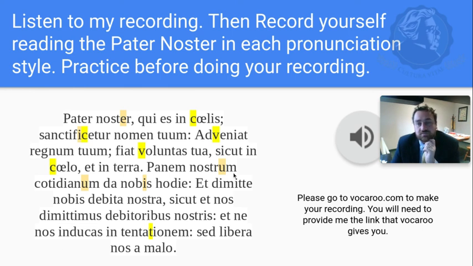So "nostrum" for classical and "nostrum" for ecclesiastical. Okay, so there's another U over here. There's an I that I'd like you to practice saying, "nobis" versus "nobis," and then an E here. Okay, you can also listen to mine. And then when you're done is when you're going to read and record your version of both the classical and the ecclesiastical. Let me show you how that's going to work.